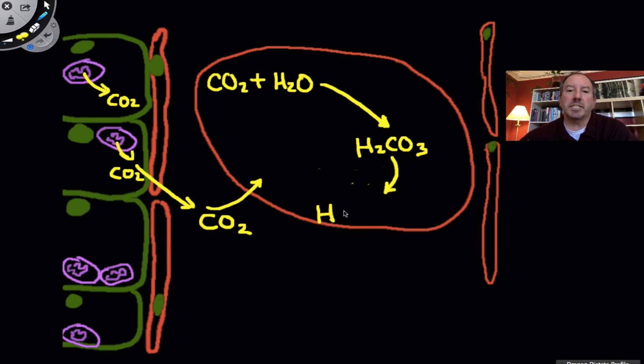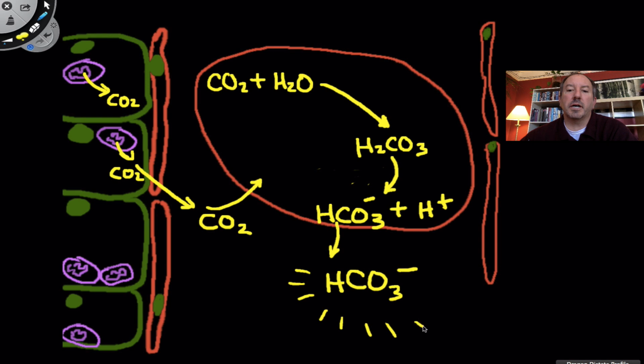And so that's HCO3 minus and a proton. Okay, that's why this is called carbonic acid, because it's increasing the acidity right here. And so as it turns out, bicarbonate ion can then travel in the plasma. And so this is the majority of how carbon dioxide is carried in the blood, is bicarbonate ions.